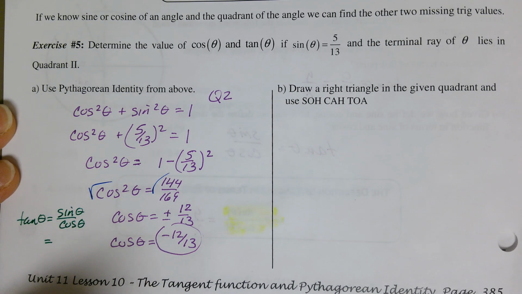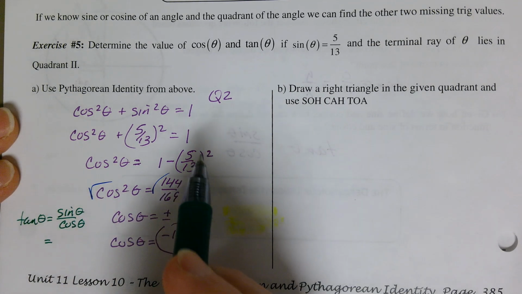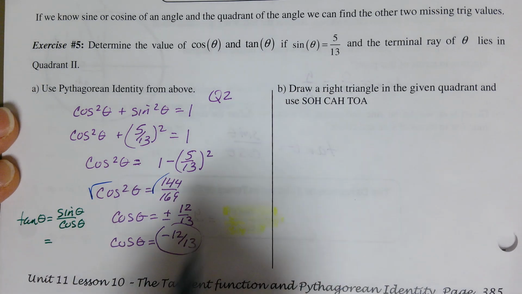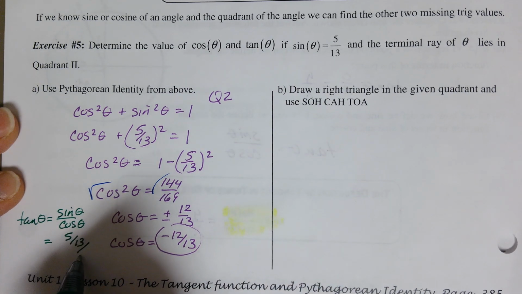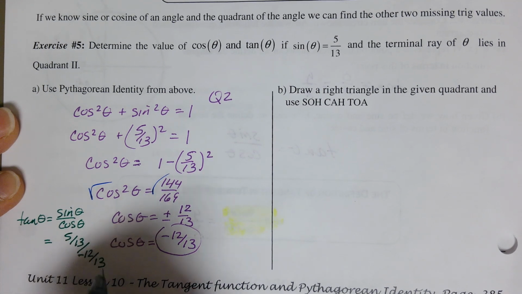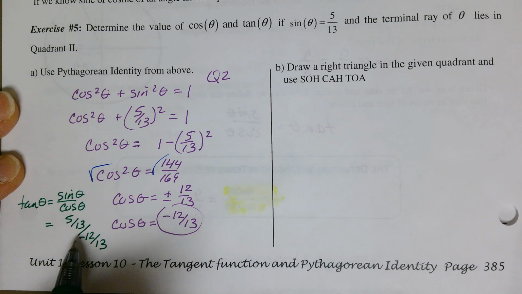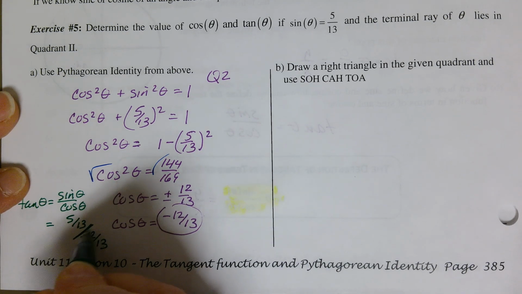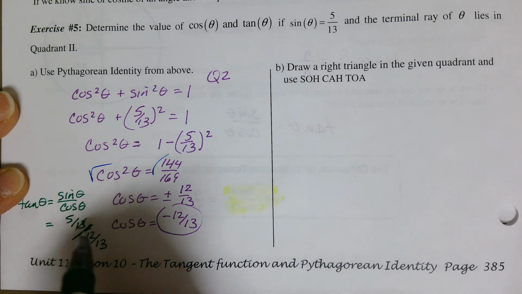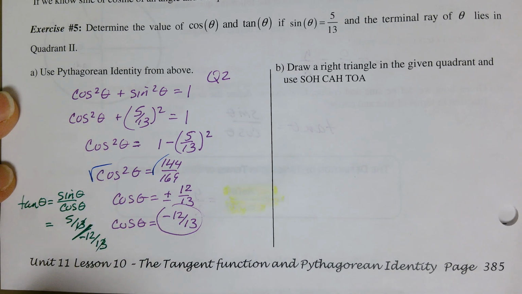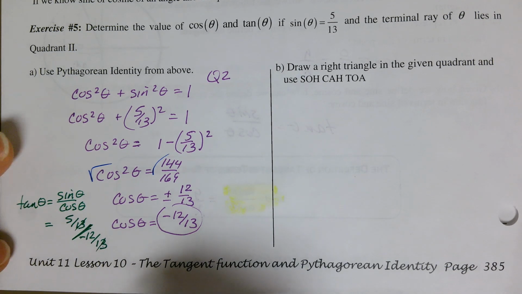We're in quadrant 2 where tangent is negative. So this would be negative 5/13 over, well, we already had the negative 12/13, so I'll just leave that. When the denominators are the same, so we have two fractions within a fraction, they just kind of divide out. So the tangent of theta is negative 5/12.